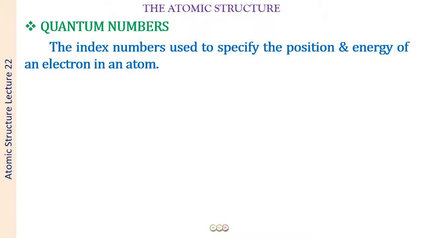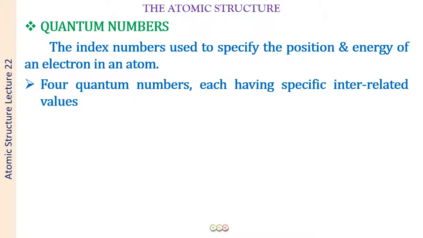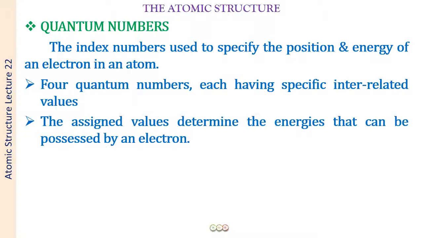And the word quantum is used to signify that all energy levels which are available to an electron are governed by the laws of quantum mechanics. Now there are 4 quantum numbers and each of these has only a specific value and they are all interrelated values. The values assigned to these numbers determine specific energies that an electron can have.